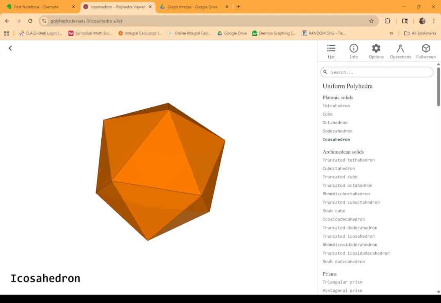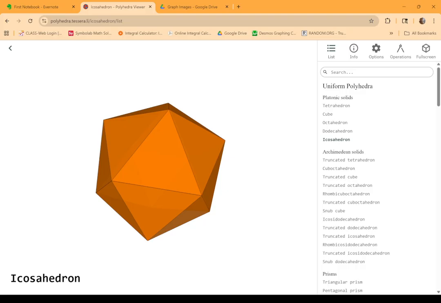Now, the internal angle formed between any of these faces has to be less than or equal to 180, or usually less than 180, for it to be a solid. If it was completely 180, then it'd be planar, and it wouldn't be a proper solid.